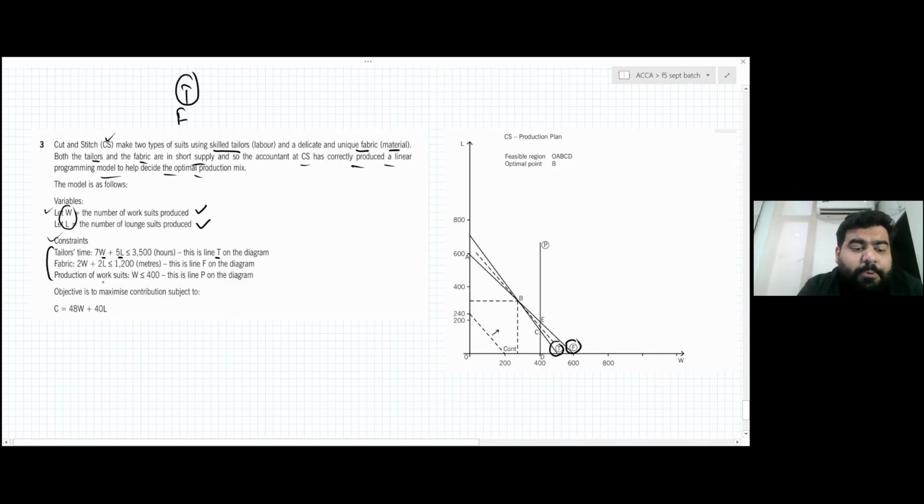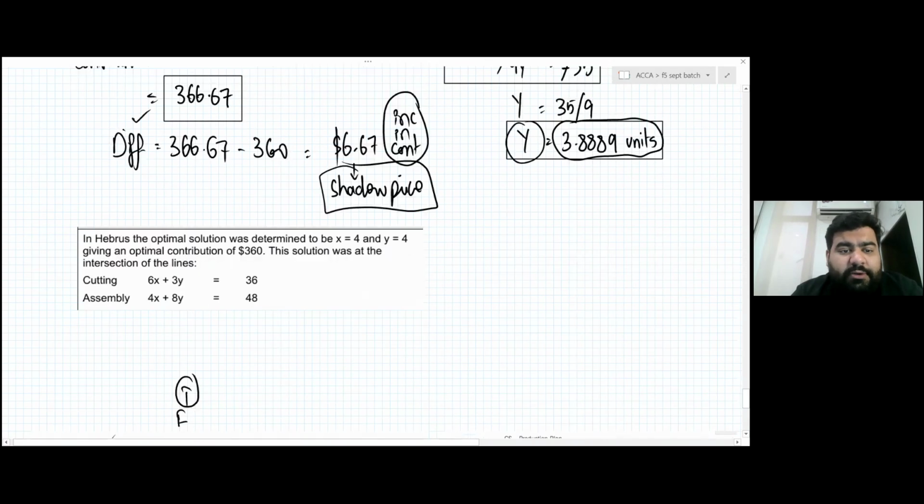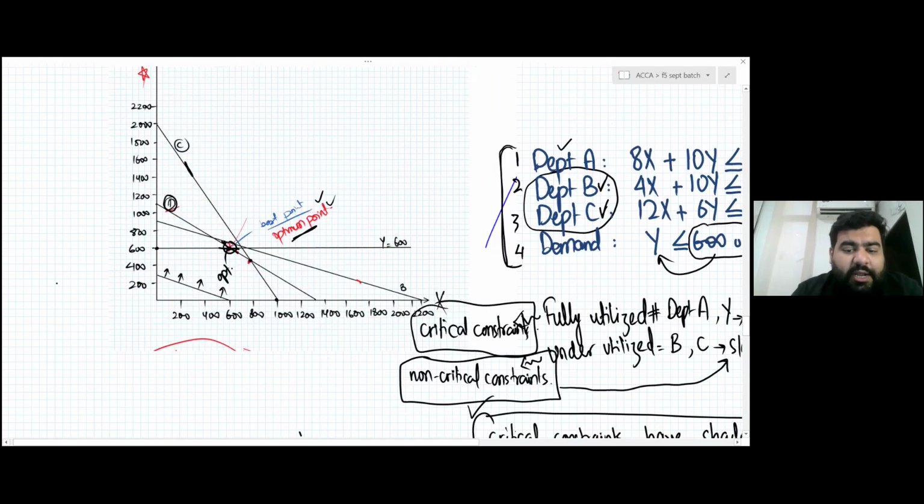Production of work suits, W, is less than or equal to 400, meaning the number of units of work suits, its demand, is also a constraint. That is line P on the diagram. This line is basically a straight line. Why? If you remember, in our earlier question when y was constant, we made a horizontal line.